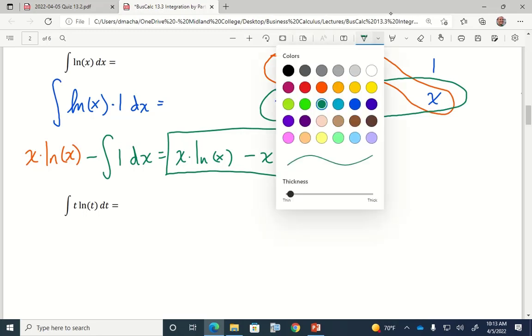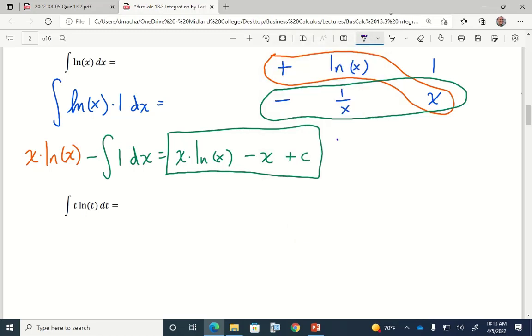So what if we check our answer and we take the derivative of this? Well, product rule here, because I have x times natural log x, tells me f prime g plus f g prime, and then the derivative of minus x would just be minus 1.